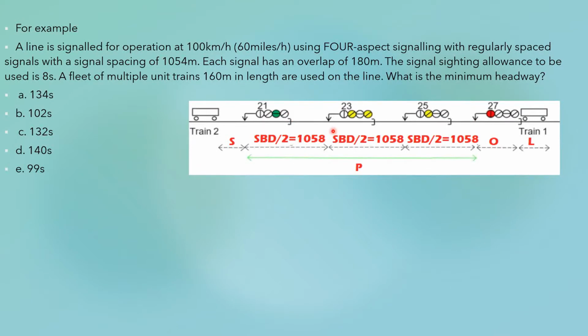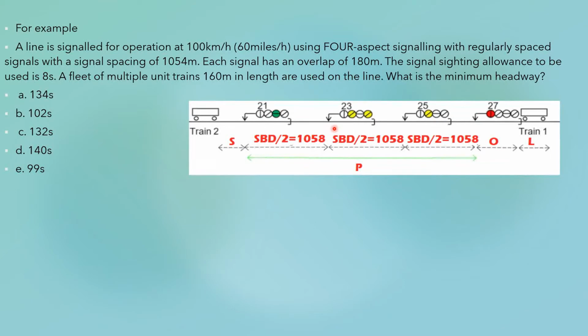So the SBD or service braking distance is from the entrance signal to the third signal or second quotient signal here, or from the first quotient signal to the red aspect here.